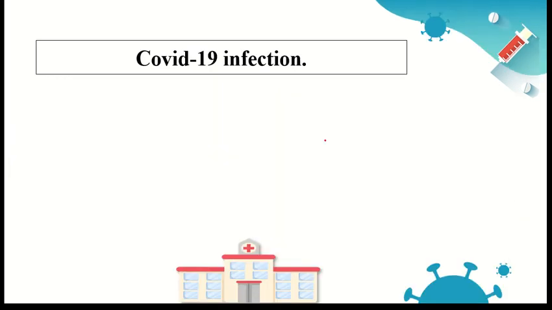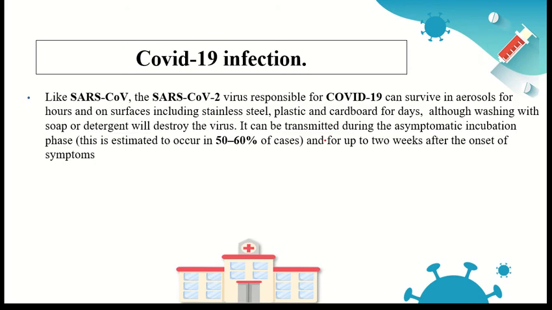COVID-19 infection. So the basic question is, what is COVID-19 infection? Like SARS-CoV, the SARS-CoV-2 virus responsible for COVID-19 can survive in aerosols for hours and on surfaces including stainless steel, plastic, and cardboard for days. Although washing with soap or detergents will destroy the virus, it can be transmitted during the asymptomatic incubation phase.